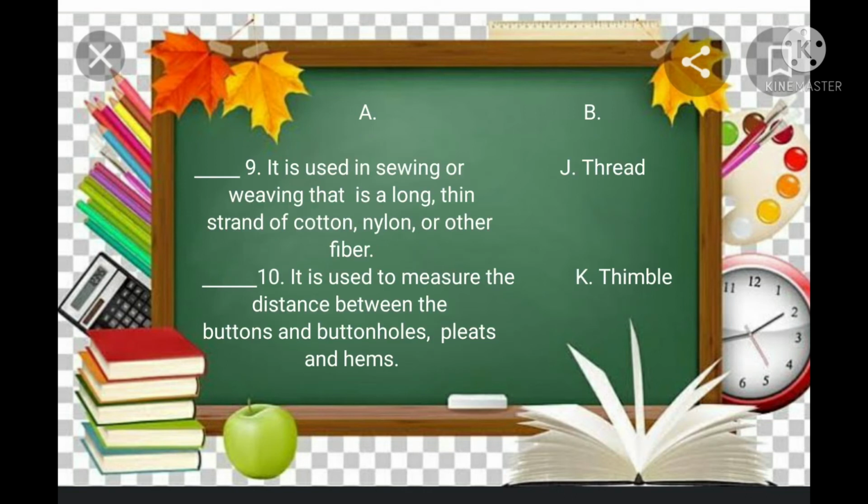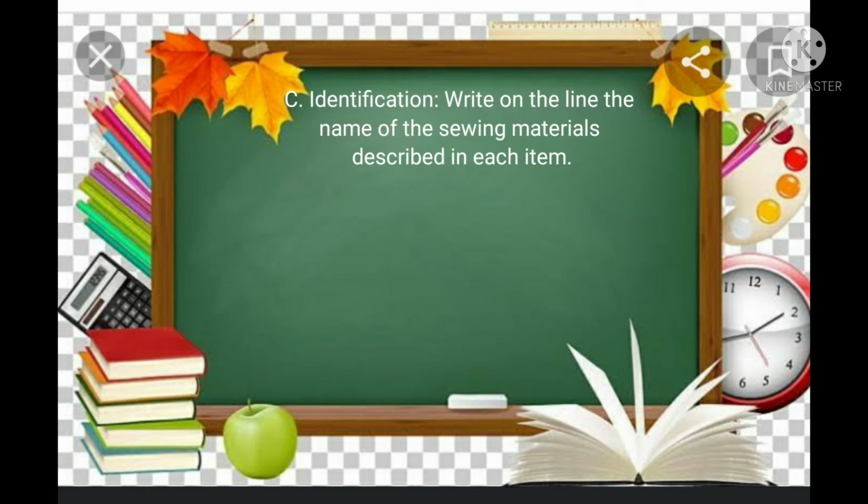Number 9, it is used in sewing or weaving that is a long thin strand of cotton, nylon, or other fiber. Number 10, it is used to measure the distance between the buttons, the buttonholes, pleats, and the hems.